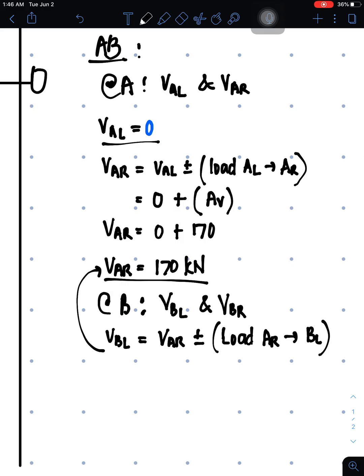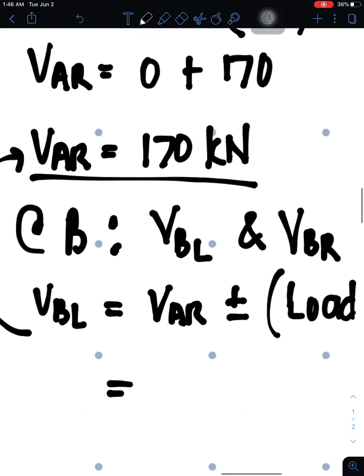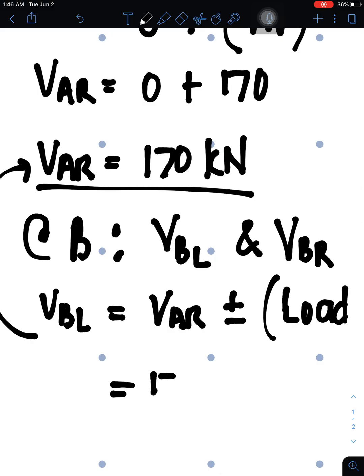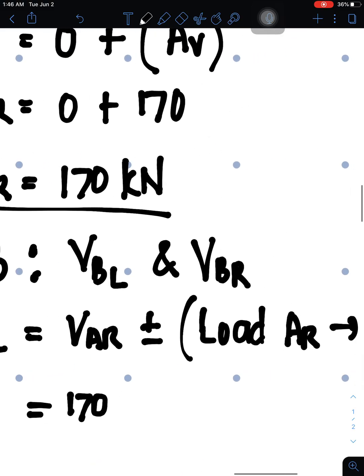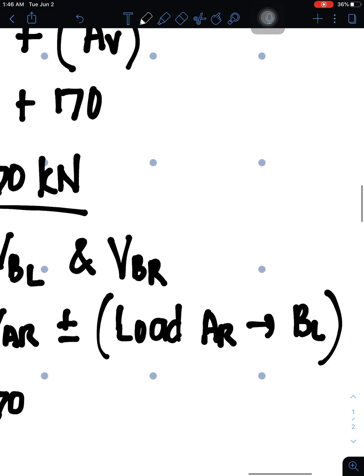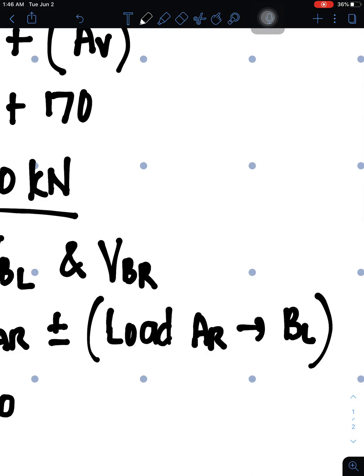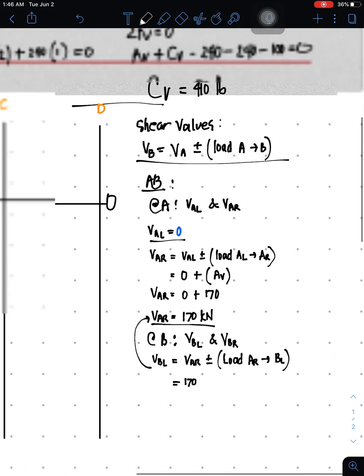So the previous value is VAR, so that's 170. And then let's just leave the positive or negative blank first. What we will look at is the load between AR to B left.